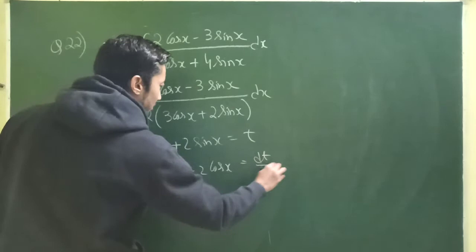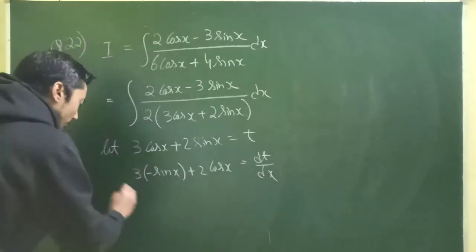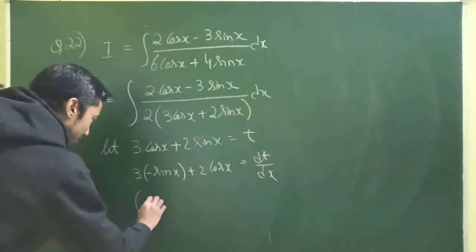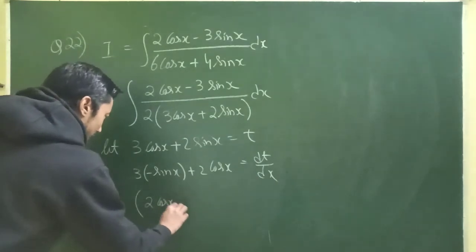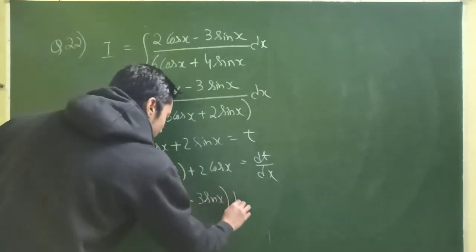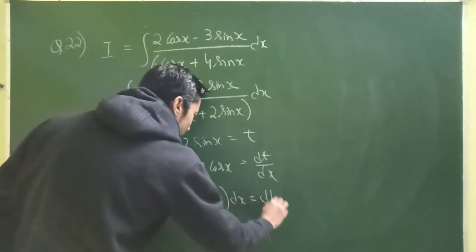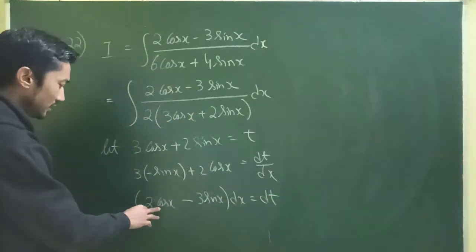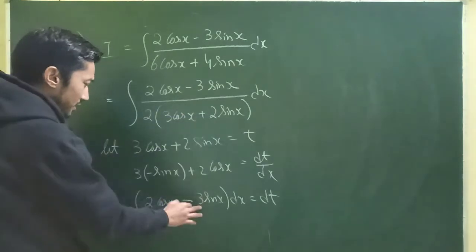I'll write dt by dx, which is 2 cos x minus 3 sin x after a little arrangement. You can see this is in the numerator: 2 cos x minus 3 sin x dx.